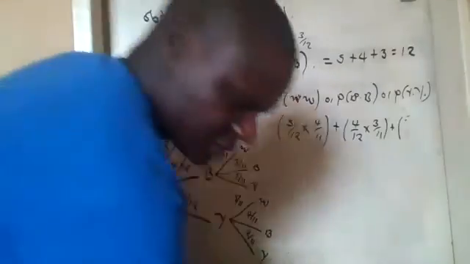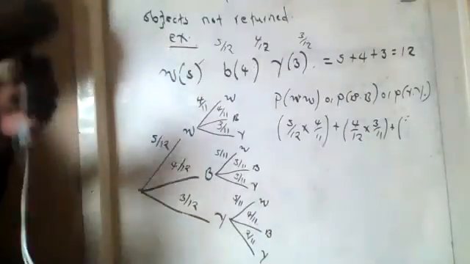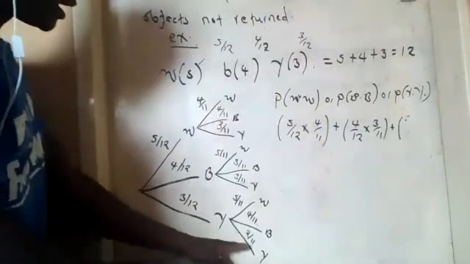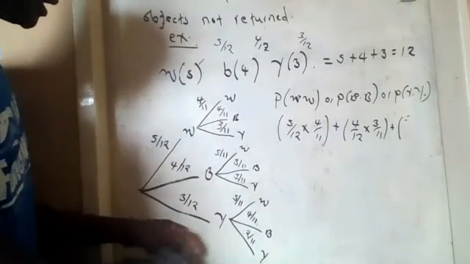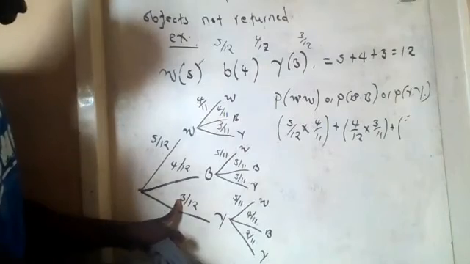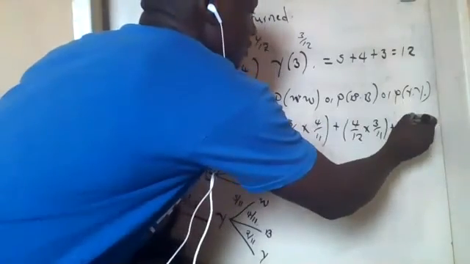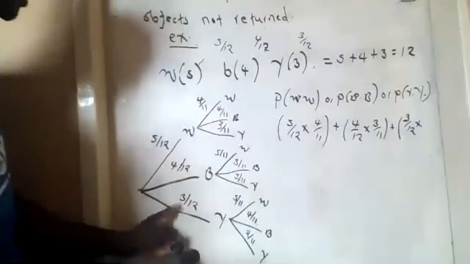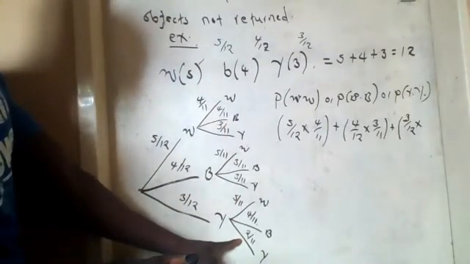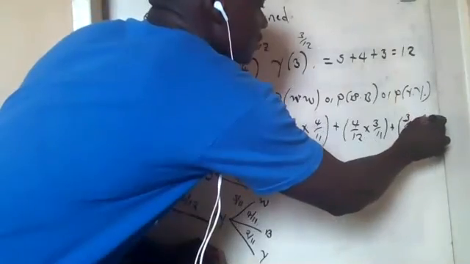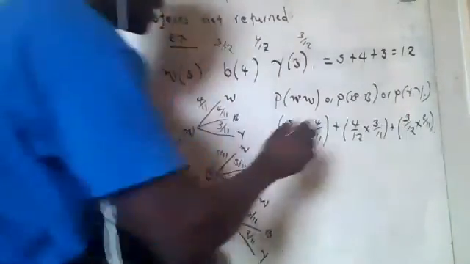Sorry, there's someone knocking at the door. Okay, I lost that. So now we're on the yellow part. The first part of the yellow is 3, so it will be 3/12 multiplied by the other yellow, which is now 2/11.